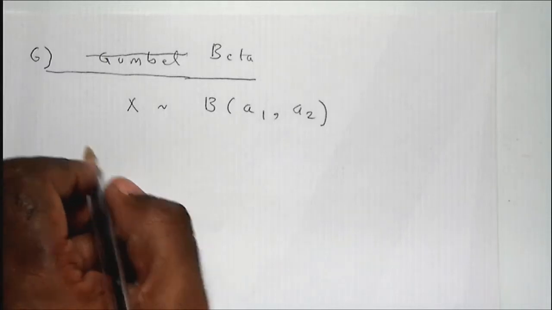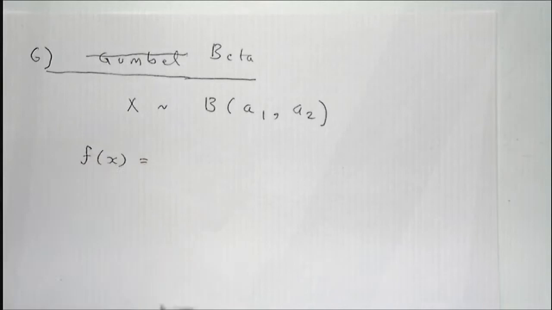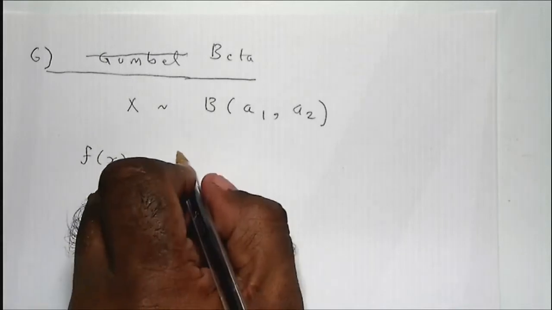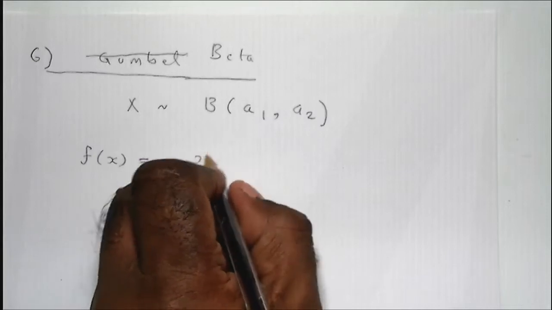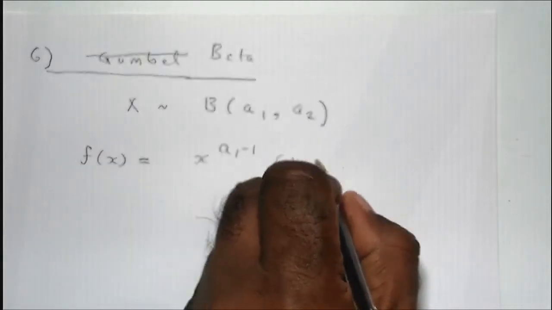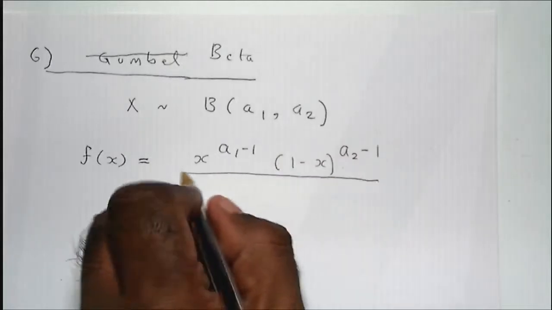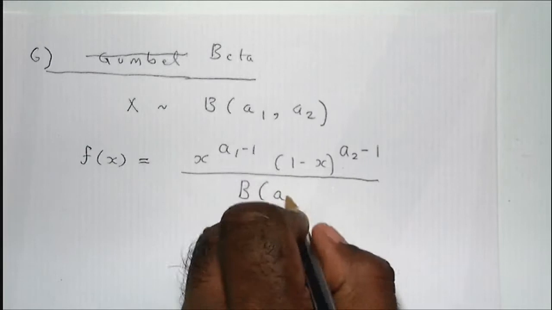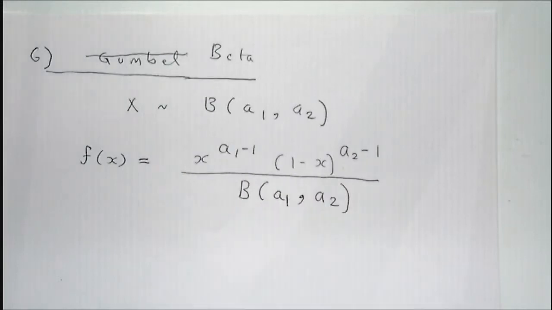And the PDF is this, the PDF of the beta distribution. I will explain in a minute what B is. Just give me a sec, okay?